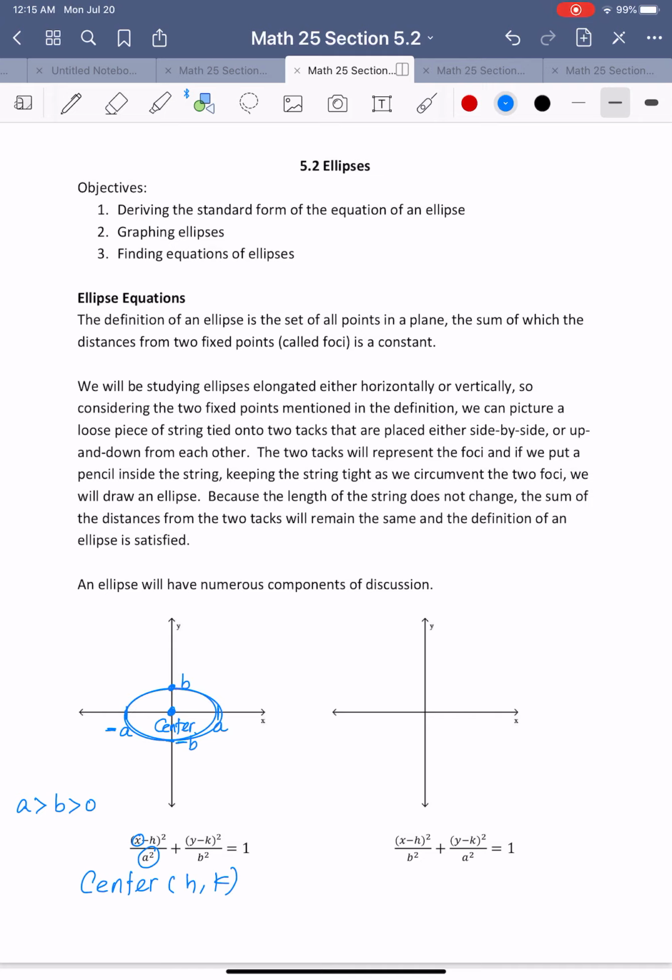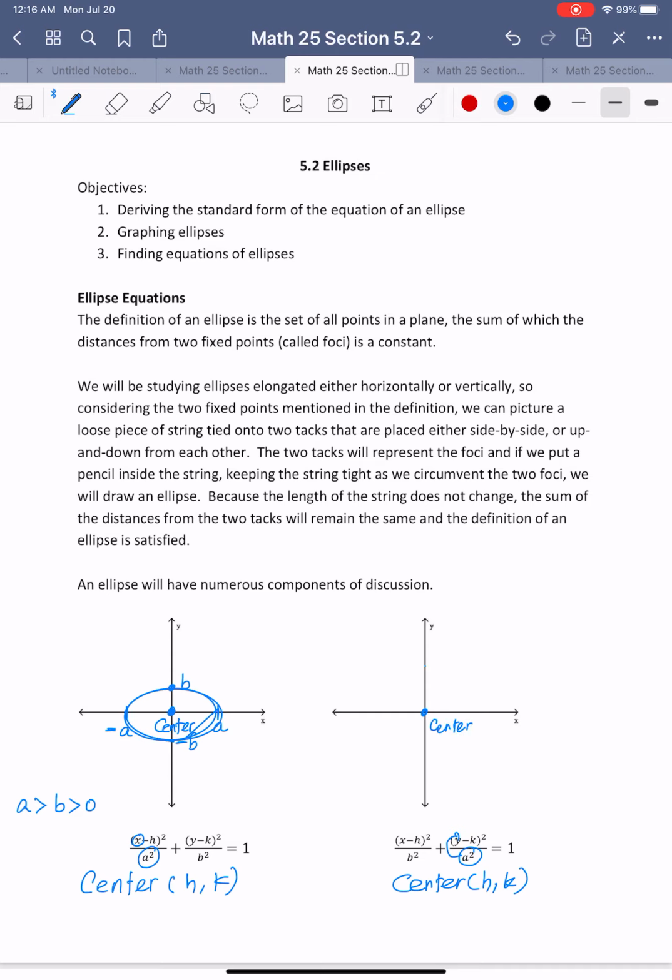All right, for the next one, the center is the same, also H and K. But this time A squared comes with a Y. So, let's say the center is the origin here.